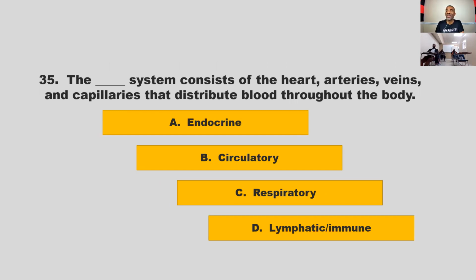Is it the endocrine, circulatory, respiratory, or lymphatic immune? It's gonna be B. That is correct. It is the circulatory system.